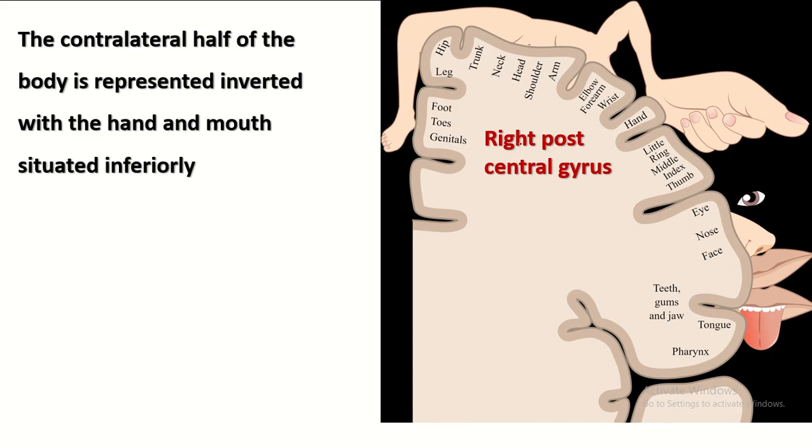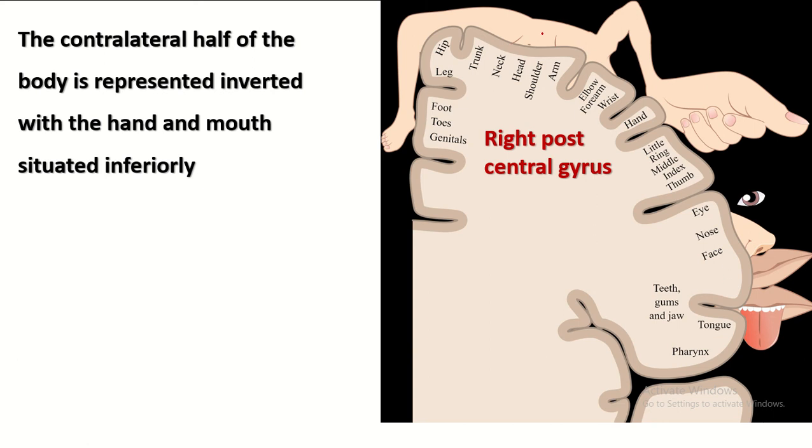The contralateral half of the body is represented inverted with the hand and mouth situated inferiorly. So this is the sensory cortex, and for the tongue, face and hand, most of the area is involved. Most of the area of the sensory cortex deals with this area.